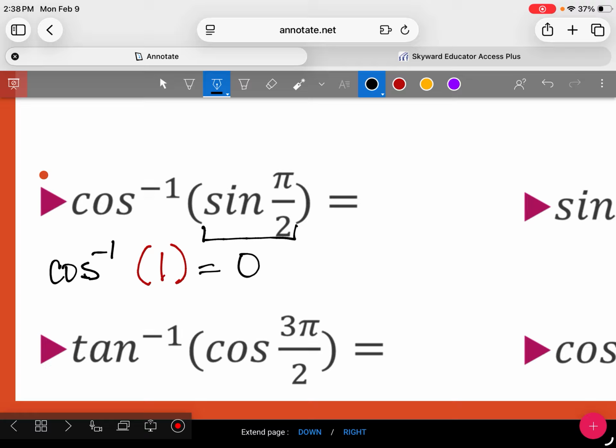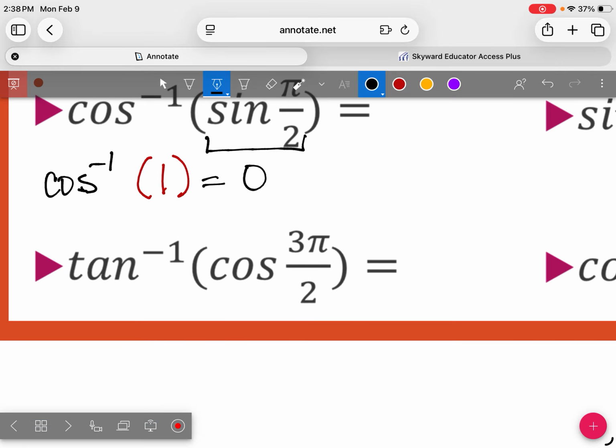All right, let's go ahead and look at the bottom question. Okay, so we're going to start off by finding the answer. What is the cosine of 3 pi over 2? That's the x value. And that is 0. So now we have to figure out, where is tangent 0?